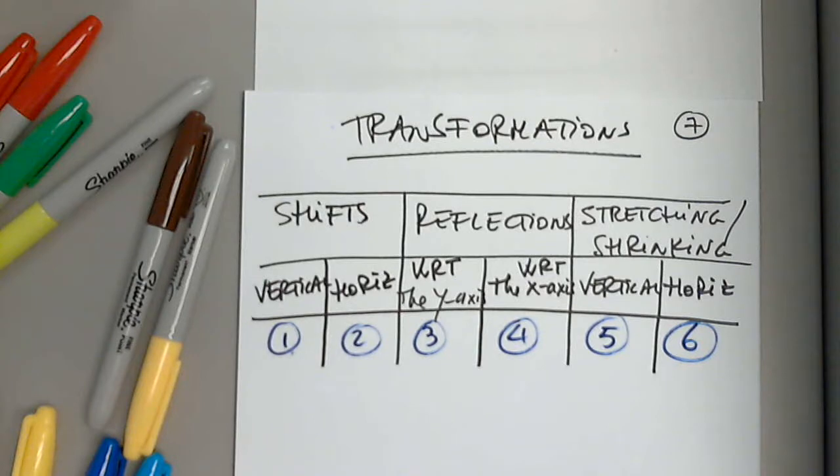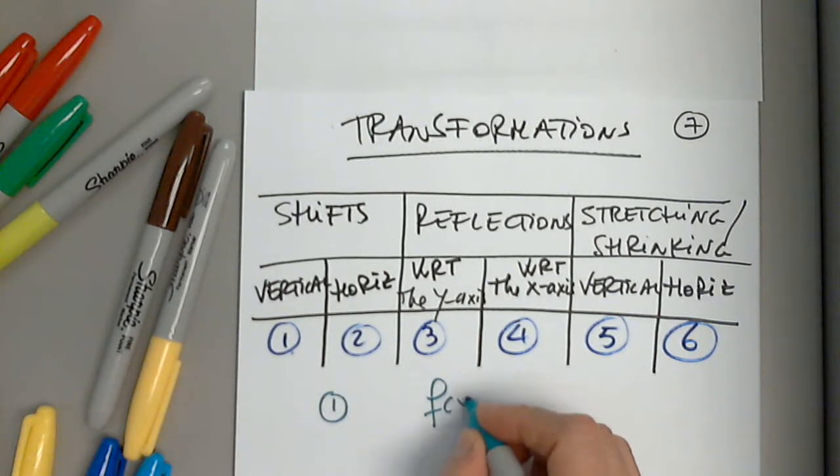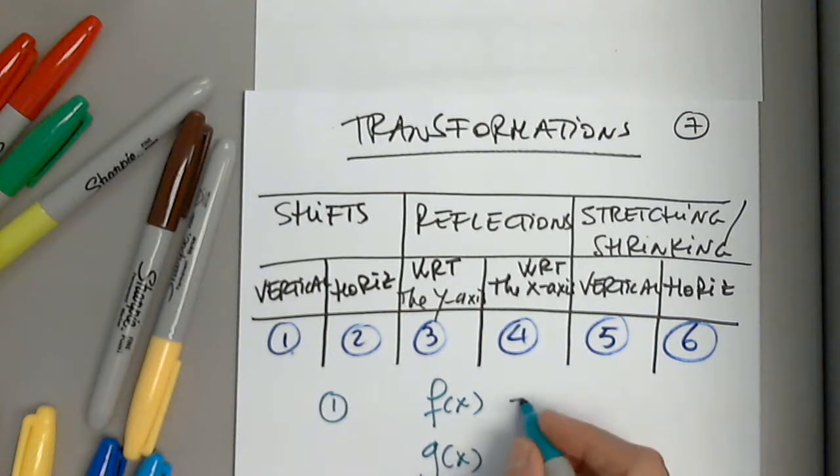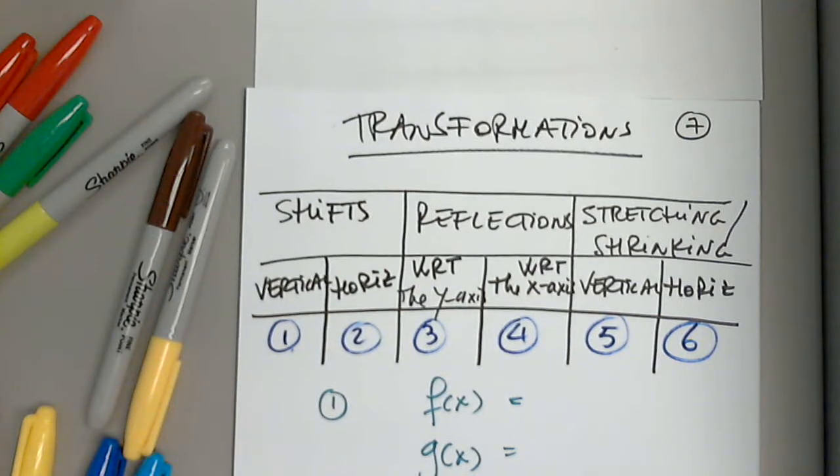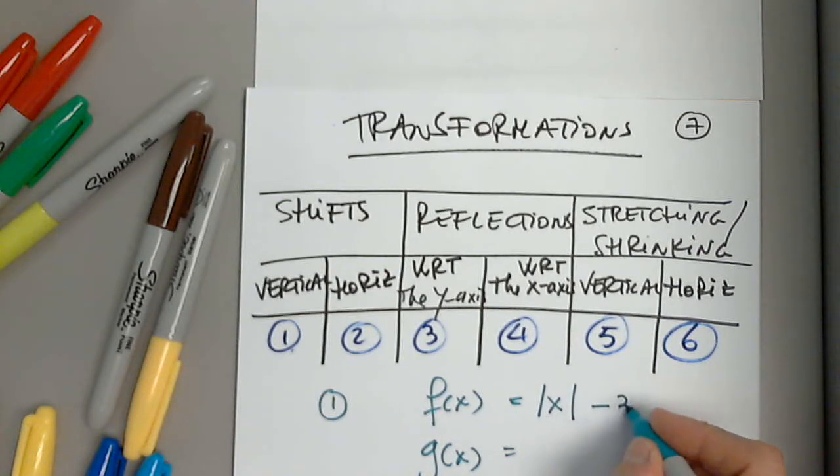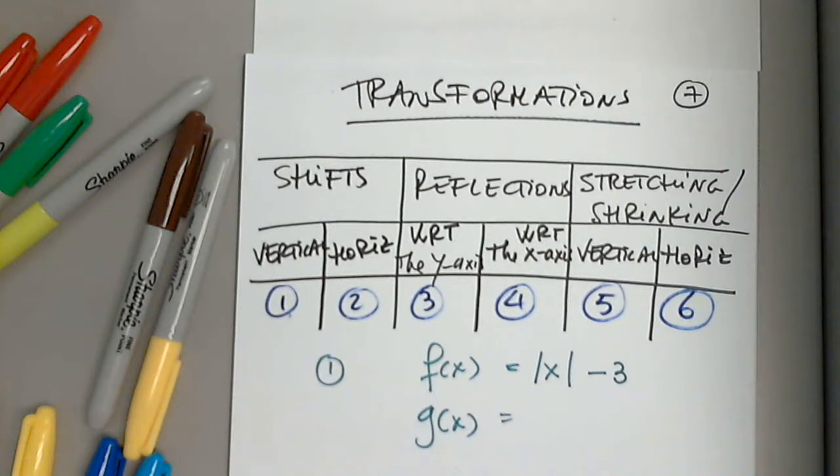Ready? For number 1, I'm going to create two functions, f of x and g of x. So f of x is the absolute value of x minus 3, and g of x is the absolute value of x plus 4.